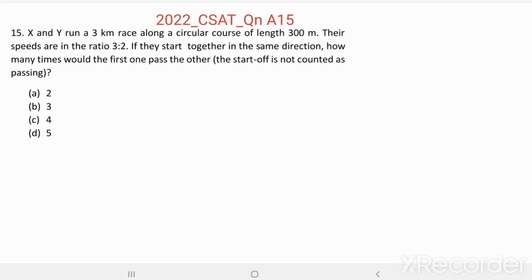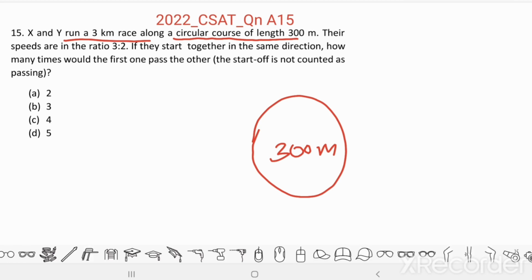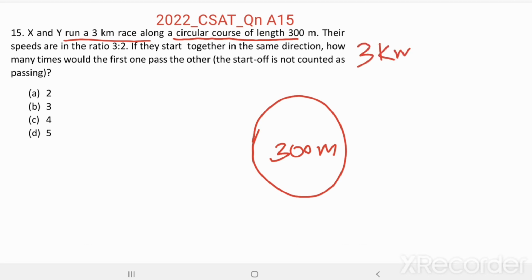X and Y run a 3-kilometer race along a circular course of length 300 meter. Suppose this is the circular track. It is 300 meter long. The entire race is for 3 kilometer. 3 kilometer equal to 3 into 1000, it is 3000 meter.